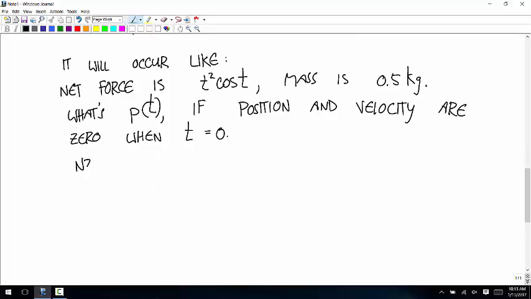Then Newton's second law says the net force, t squared cosine t, is equal to the mass times the acceleration. The mass is 0.5. The acceleration is the second derivative of the position.